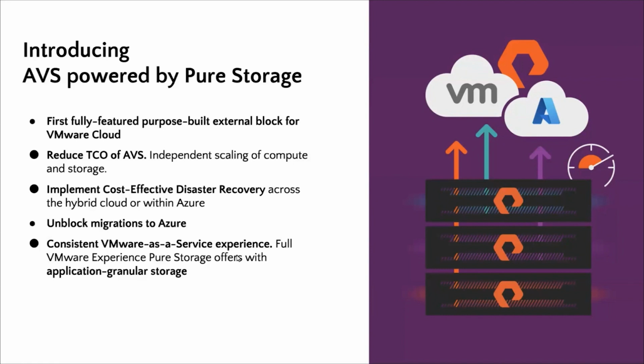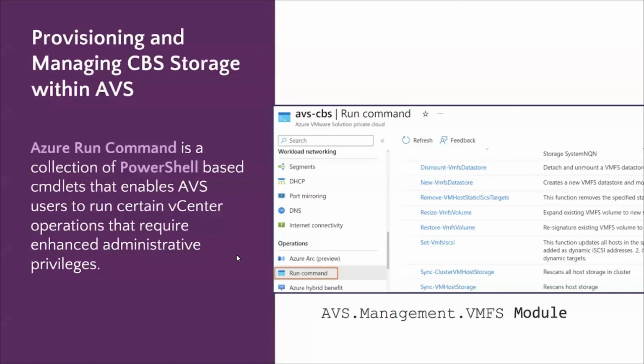In total, we are providing a consistent VMware experience. The whole ecosystem of VM building with the flash array is now offered in Azure. How we really built it is by leveraging Azure Run Command. Azure Run Command for AVS is a collection of PowerShell cmdlets that enable an AVS admin to run certain vCenter operations that require root privileges or enhanced administrative privileges.